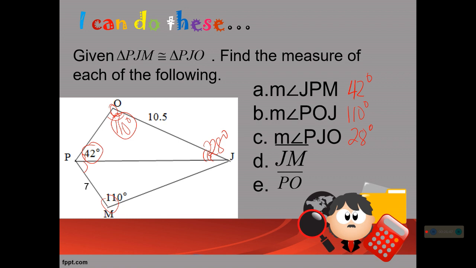Next, segment JM. This is 10.5 because they correspond with each other. And segment PO is 7. Why? Because segment PM, which corresponds to PO, is 7. So that's why you also have 7 here.